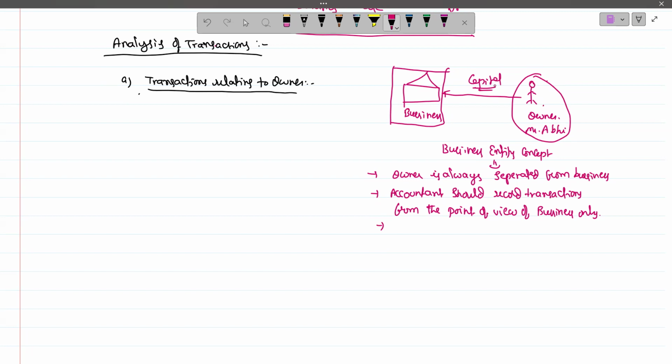Capital is shown on the liability side only because of this concept, and drawings have a debit balance, also as per this concept. So as and when an amount is introduced by the owner, we use the word capital, and as and when an amount is withdrawn by the owner for his personal purpose, we use the word drawings.